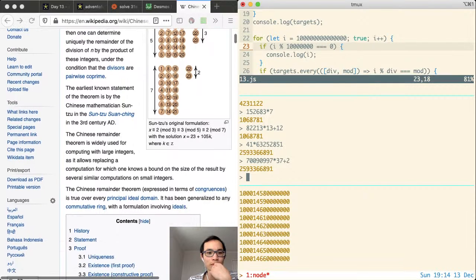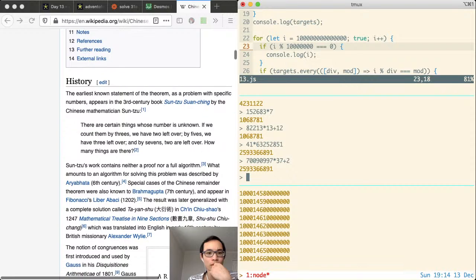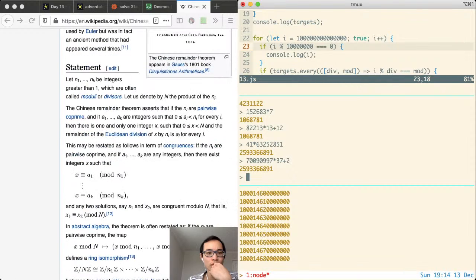Pairwise coprime. Let n1 to nk be integers greater than 1, which are often called moduli or divisors. Let's denote n the product of ni.